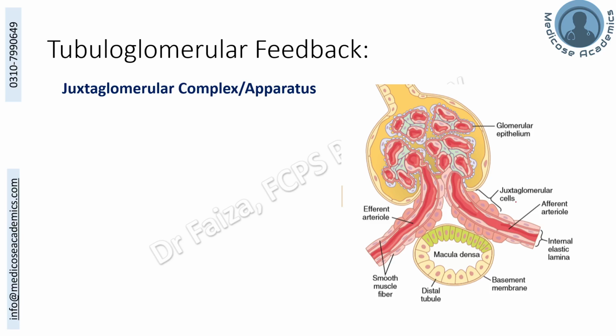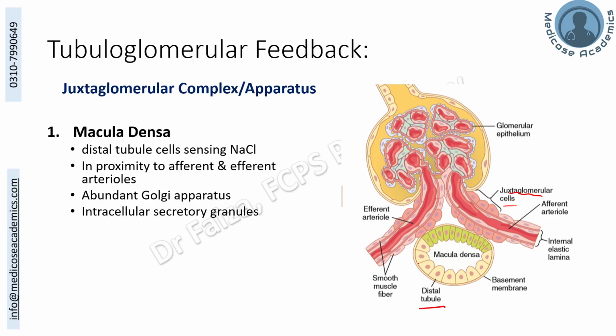It includes the juxtaglomerular cells, which are present in the afferent and efferent arterioles, particularly where they come in proximity to the distal tubule, whereas it also includes the macula densa cells, which are specialized cells capable of sensing sodium chloride and are present in the distal convoluted tubule. So macula densa are distal tubular cells that can sense sodium chloride, present in proximity to the afferent and efferent arterioles.